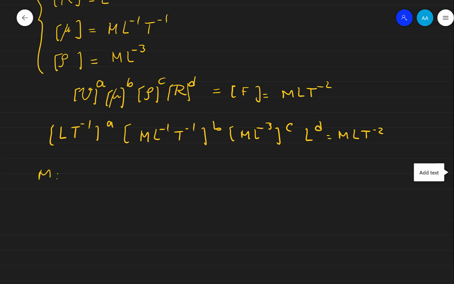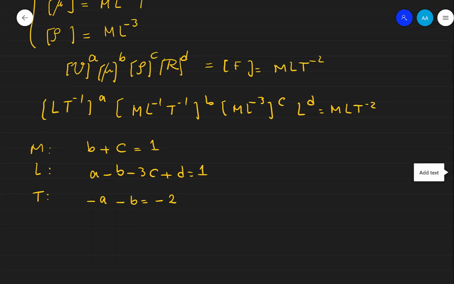Then L, and T. We have three equations for four unknown parameters. Then there remains one free parameter.